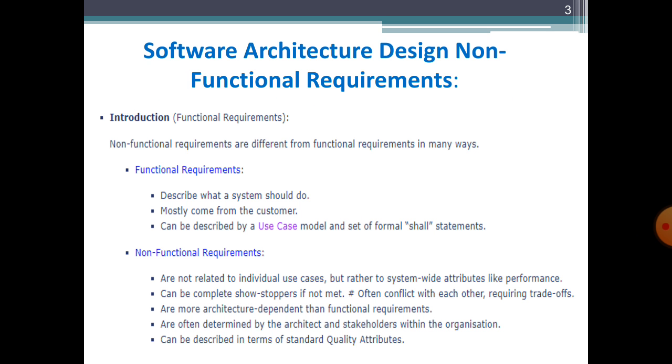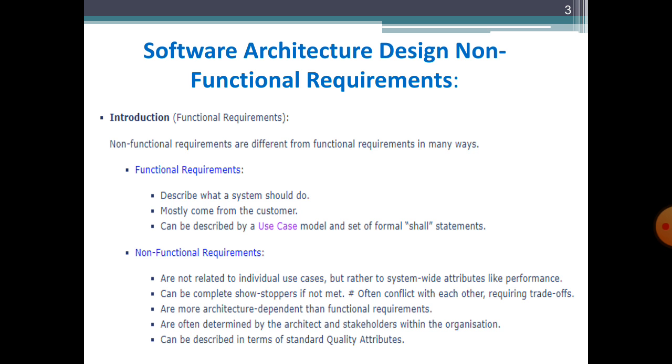The first topic is software architecture design and non-functional requirements. What are functional requirements and non-functional requirements? All of you have already studied software engineering, and you are well aware of these two terms, so I will not go into deeper detail.